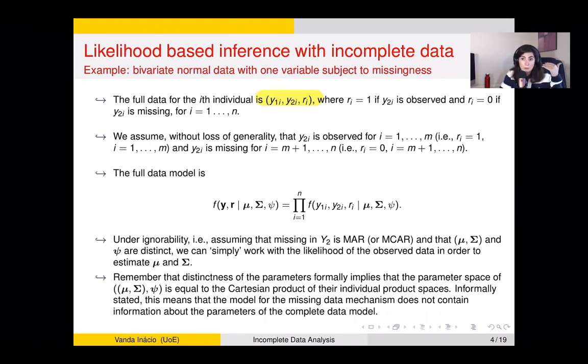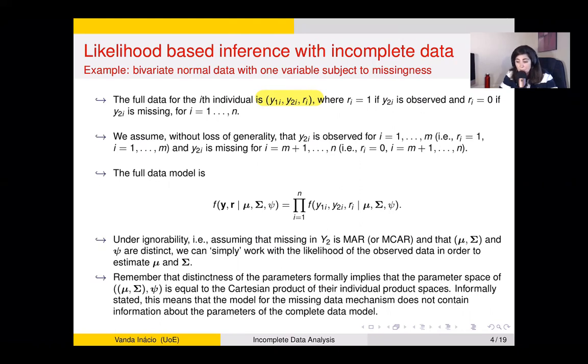We can always rearrange in such a way that the first m values of y2 are observed and the remaining n minus m values of y2 are missing. If this is the case, R, our missing data indicator, will take the value 1 for i from 1 up to m, and will take the value 0 for i from m plus 1 up to n.